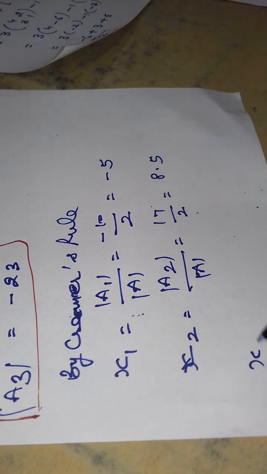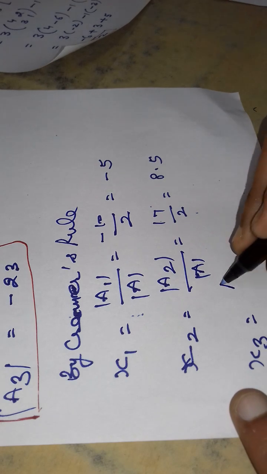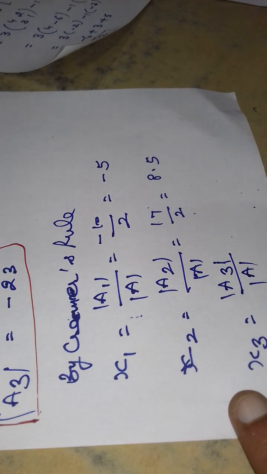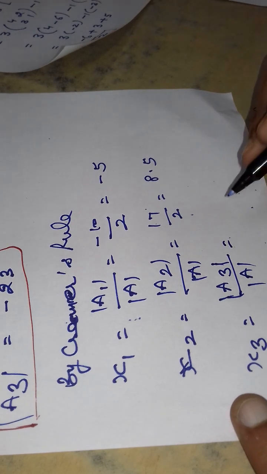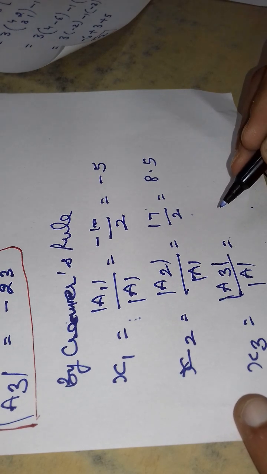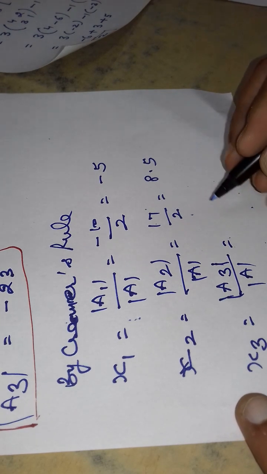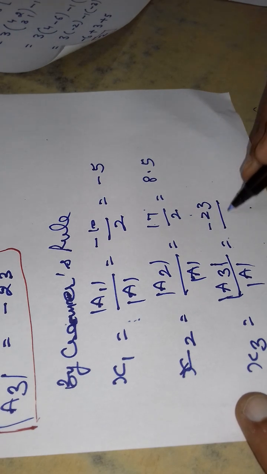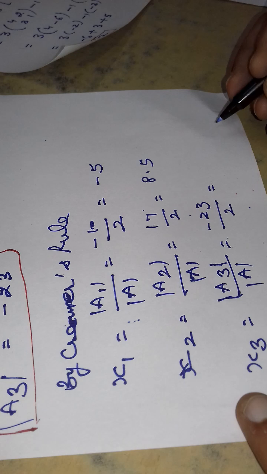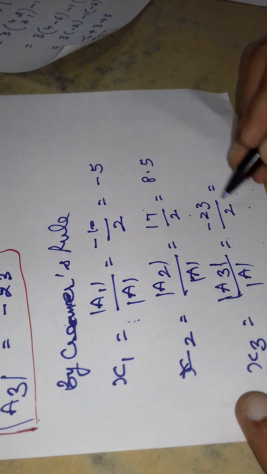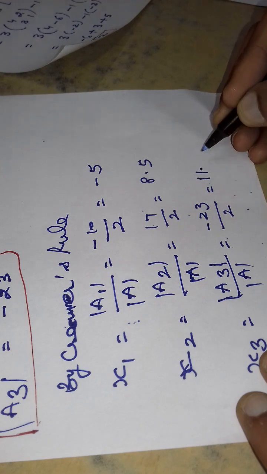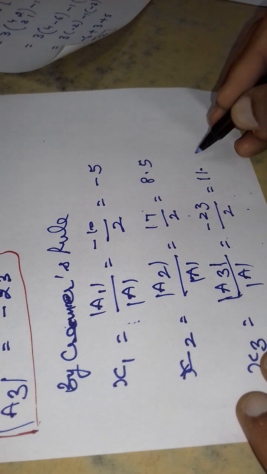And x3 equals the A3 determinant divided by the A determinant, minus 23 divided by 2, equals 11.5.